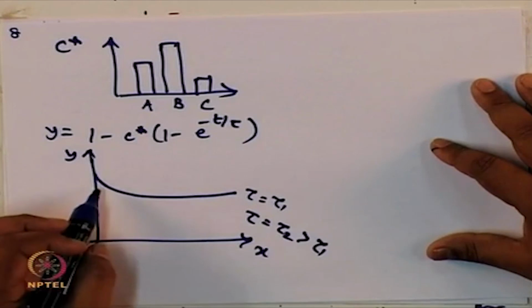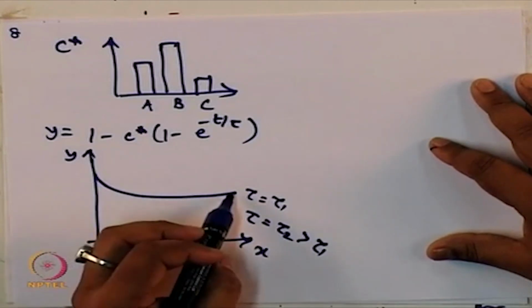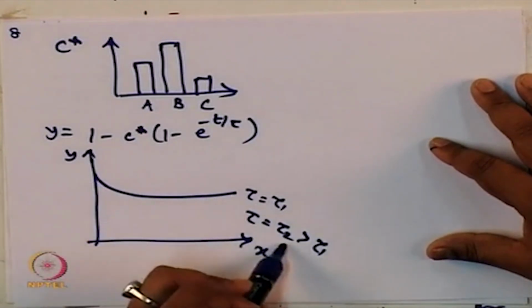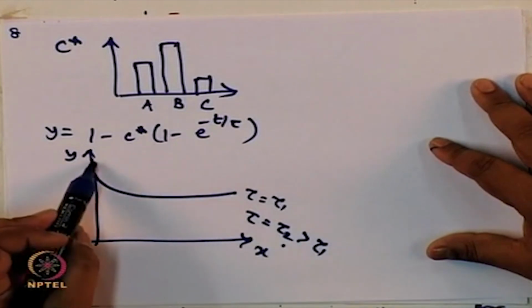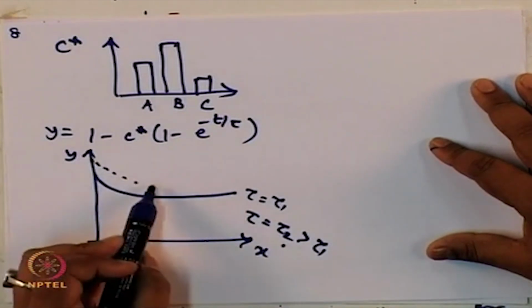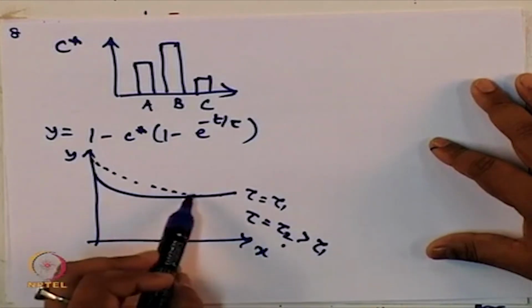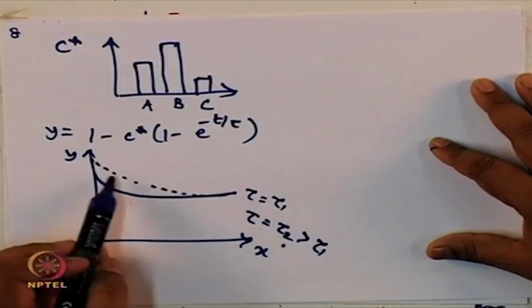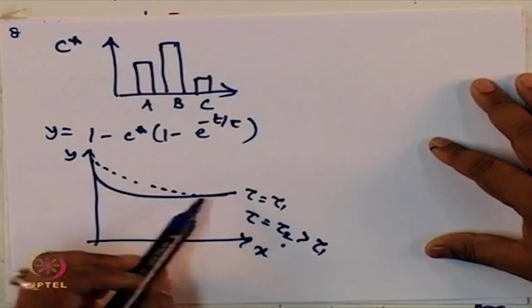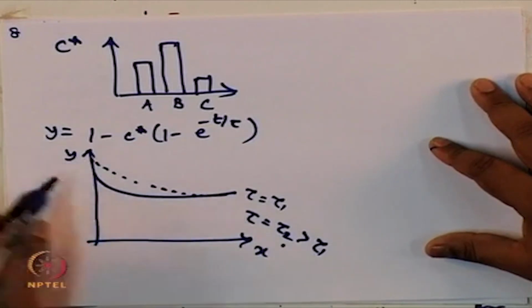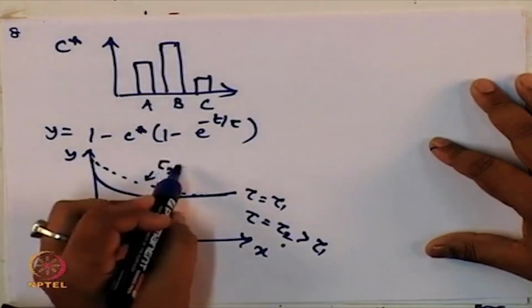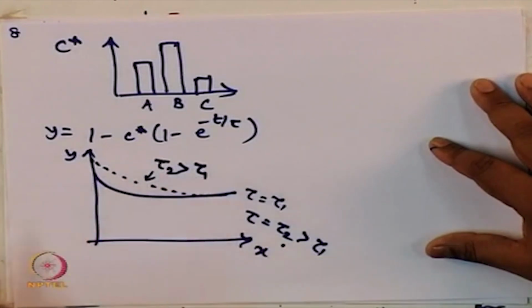So, for the same value of c, if I have another condition where tau is only changing, c is not changing, the curve should look something like this. Okay. So, what it means is it is taking a much larger time to relax or for this to drop. So, in this case I have tau 2 greater than tau 1.